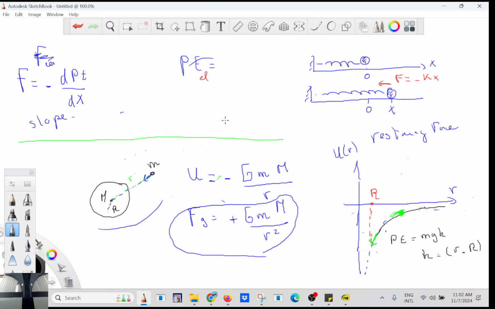Okay, so to make clear, if this is the Earth, that will be r, that's a distance r. That's the radius, and that will be your height. So if you are very close to the surface of the Earth, the potential energy is proportional to the height. Okay, so very simple equation.